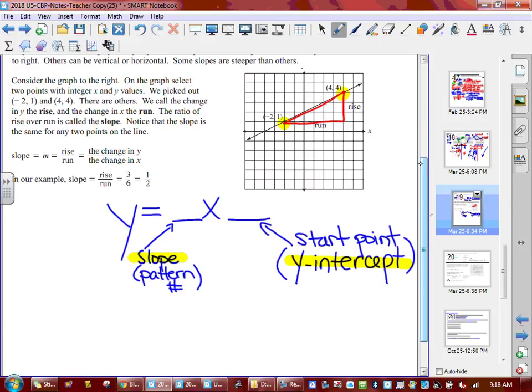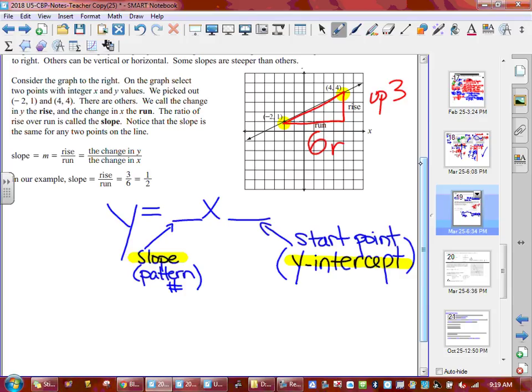Alright, how many steps did he go to the right? You count them. 6 steps to the right. What about the rise? What did he do? Up 3. Okay, that tells us a couple things. Remember, the guy that goes up and down, he's called the rise.